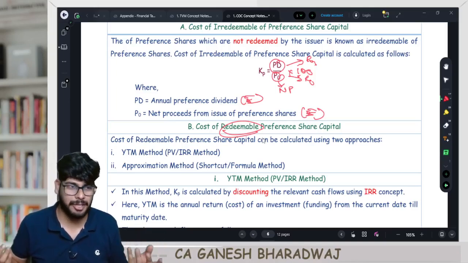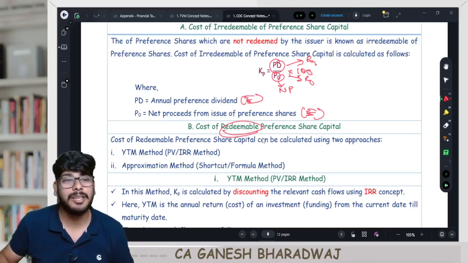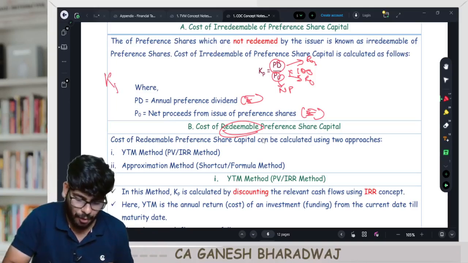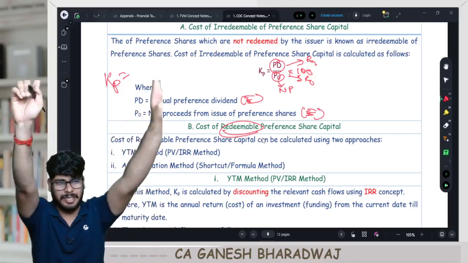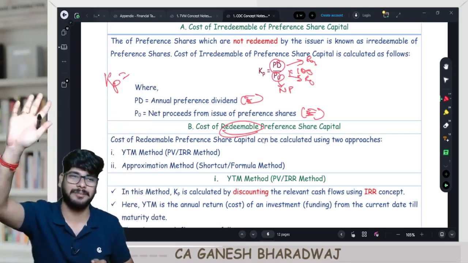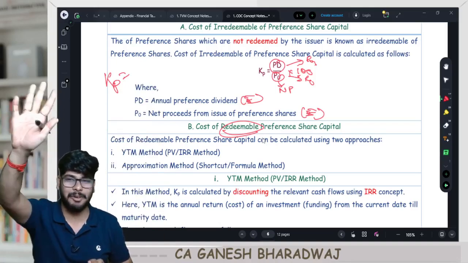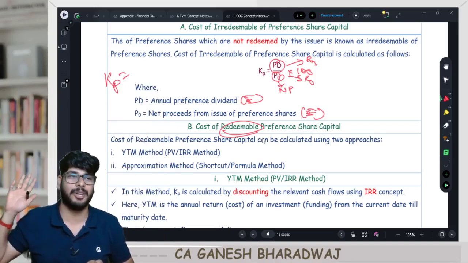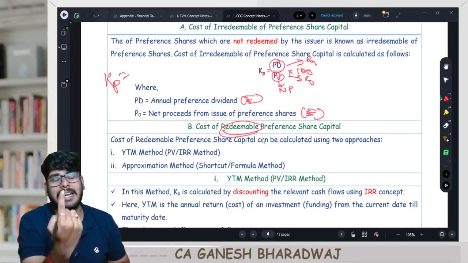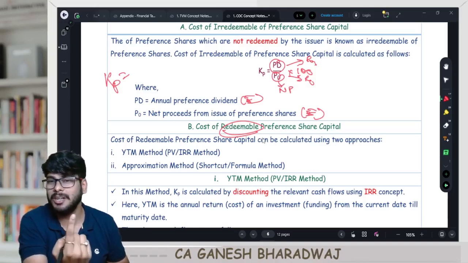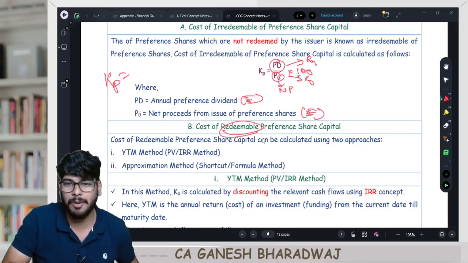Formula, approximation, shortcut method. Now, you guys tell me what will be the formula for your preference dividend. KP formula, what will it be? Exactly on the same line. Whatever we saw there is exactly the same. Whatever we saw for KD is exactly the same for KP also, with the only difference that instead of interest, you will be having what? Preference dividend. So what will be the formula here?